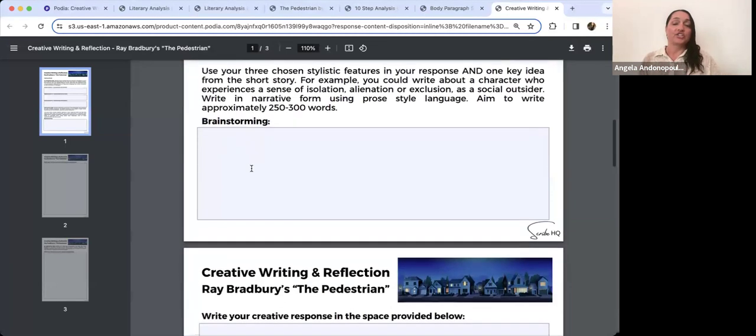And then you use your 3 chosen stylistic features in your response and 1 key idea from the short story. So for example, you could write about a character who experiences a sense of isolation, alienation, or exclusion as a social outsider. Then you've got these ideas of alienation and exclusion. You could do the symbolic characterization, a little bit of dialogue, and some figurative language. You've done all 3 and you've answered the question.